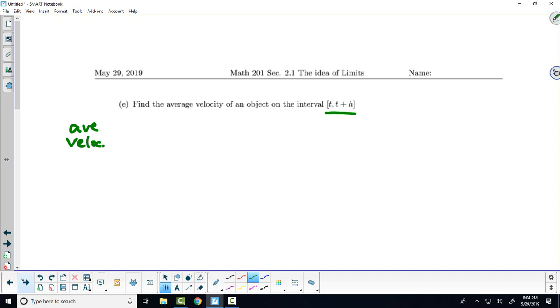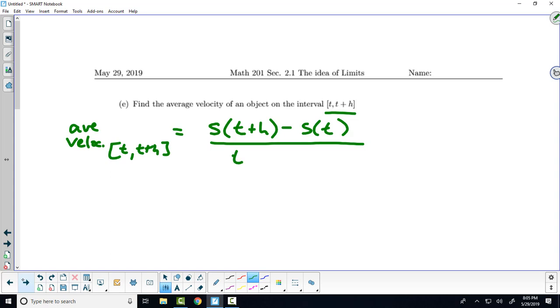The average velocity from t to t plus h is equal to s of t plus h minus s of t, all over t plus h minus t. All right, does this look familiar? Hopefully you've all seen this at some point. This had a special name in college algebra.